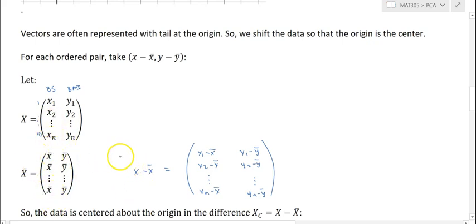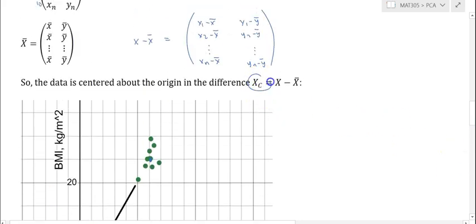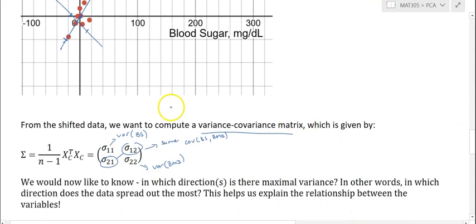So we took our data, and we subtracted the mean matrix away from it, so we basically shifted the data. We're going to call that new matrix X sub C, for X centered, and that centers around the origin. And so now to compute the variance covariance matrix, we're not going to unpack this, though you could.